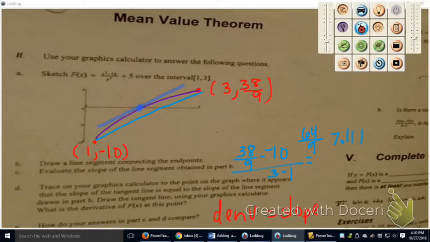F says write an explanation. Don't worry about F at this point. Basically, what I want you to realize is that between 1 and 3, if you connect the graph and make a line, there's somewhere between 1 and 3 that has that same slope if I draw the tangent line.